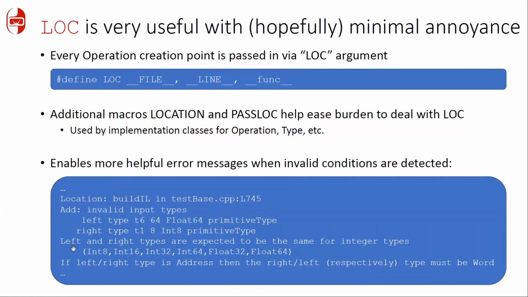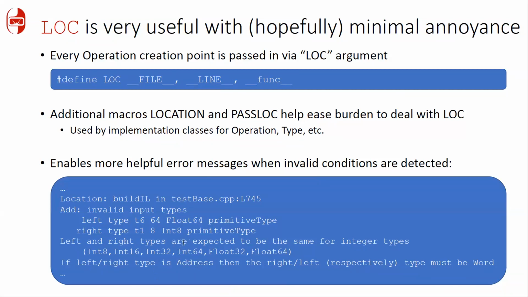And then it gives a little explanation. Left and right types are expected to be the same for integer types. So obviously these are not the same. Integers is also not quite the right thing to say there, so I can improve that. And then there's also this other point that is, if one of them is address, then the other one should be whatever the word-sized integer type is for the platform that you're running on. So it gives you a little error message, and this is something that can be printed out.